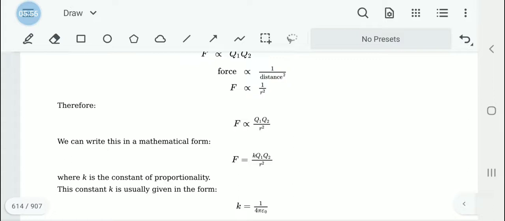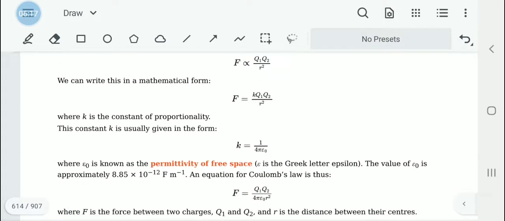Then from this, because both are proportional to force, we can say force is proportional to q1 into q2 upon r squared. Then we can equate it by putting a constant. K is going to be the constant of proportionality, right? The constant of proportionality is given by K equals 1 upon 4 pi epsilon O, right?